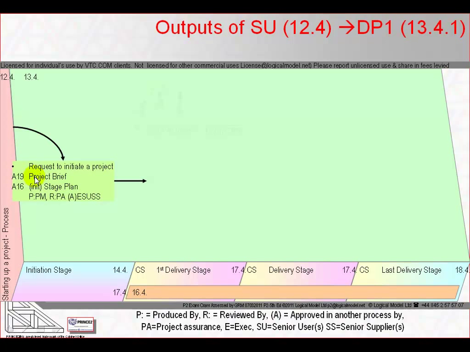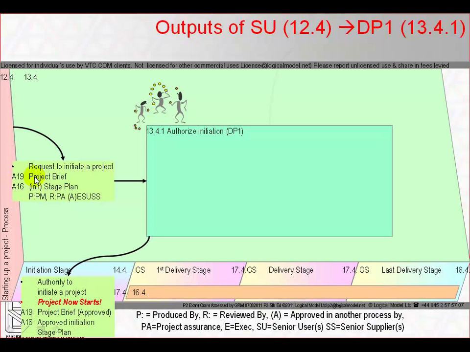The first official action is to respond as a project board to the request to initiate a project. The purpose of this project board session is to decide if the idea that started in the project mandate has enough merit to invest the time and effort to create a well enough researched business case and project plan to inform a full investment decision.